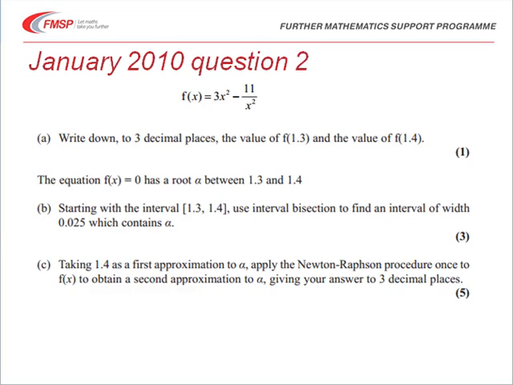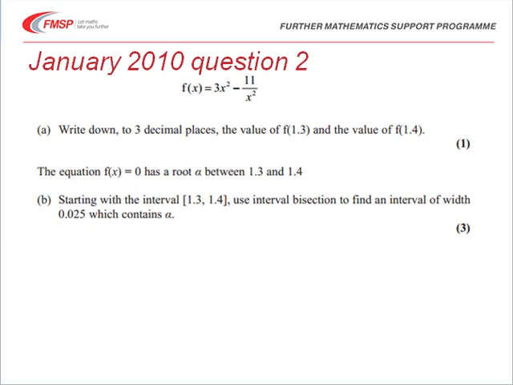So we've got an interval there of width 0.1, so we're going to have to use interval bisection twice to get to a width of 0.025. In the final part of the question, we're asked to start with the first approximation at 1.4 and use the Newton-Raphson procedure only once to obtain a second approximation.